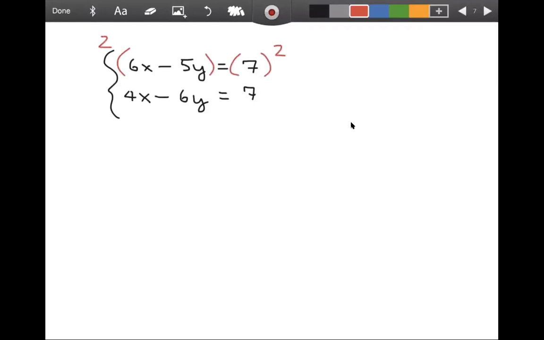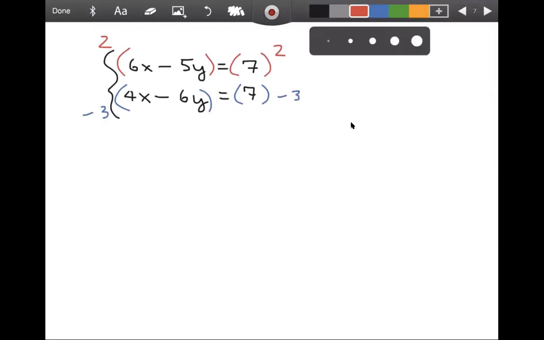So that means we want to change the 4x in the second equation into a -12x. And I will do that by multiplying by -3. So this right here is the most challenging part of solving systems of equations by addition, is just coming up with those numbers that will work.